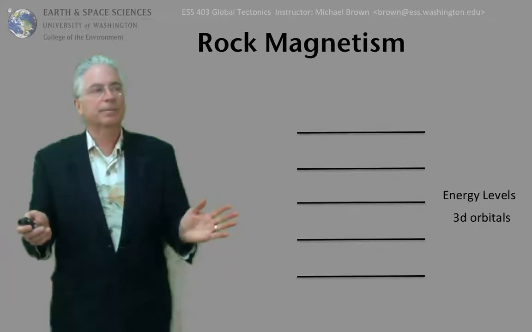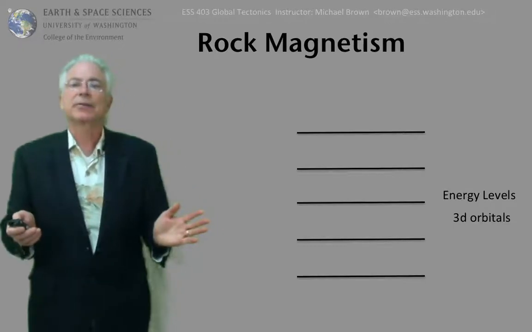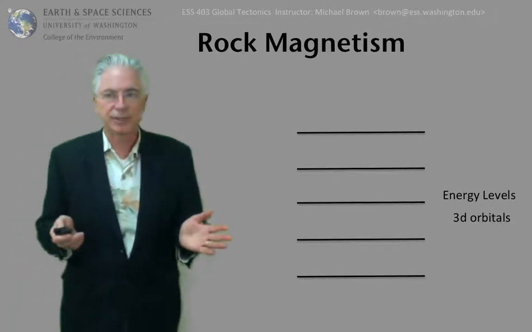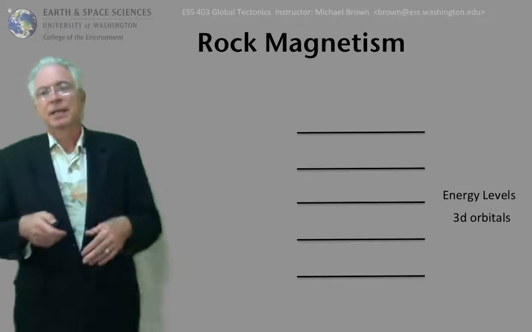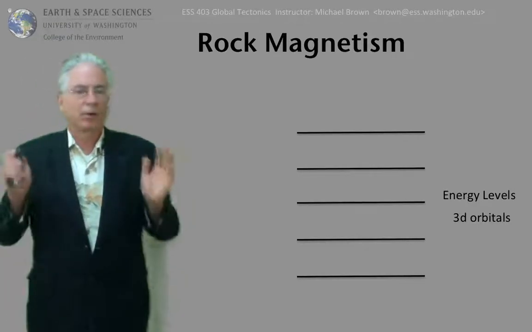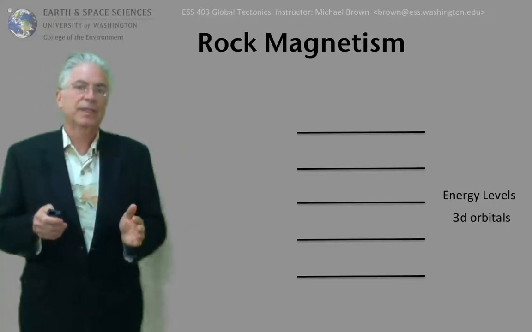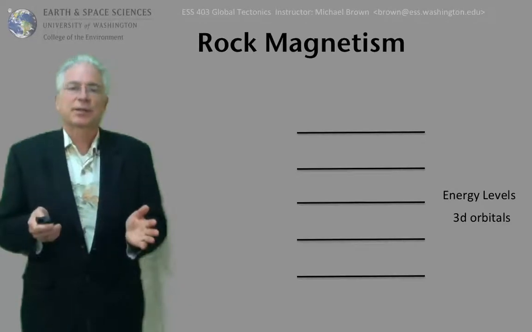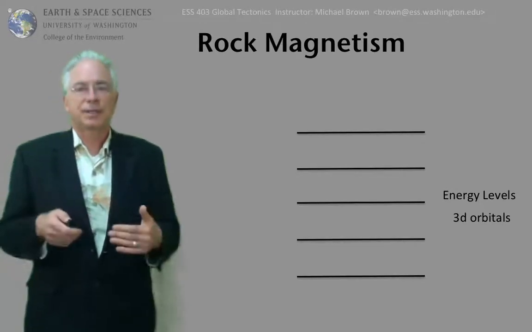Let's look at this in terms of a schematic for orbital levels or energy levels of electrons. Now, in a free atom with no external fields, the d electrons might have all the same energy level.